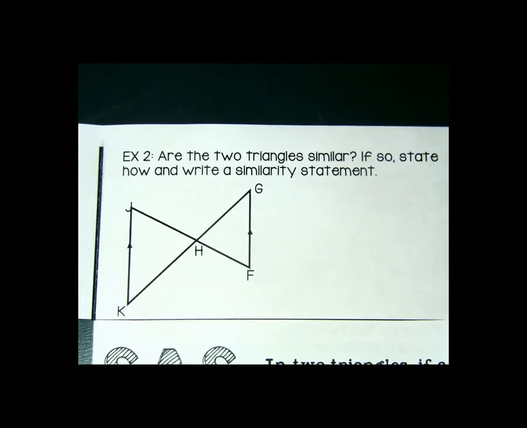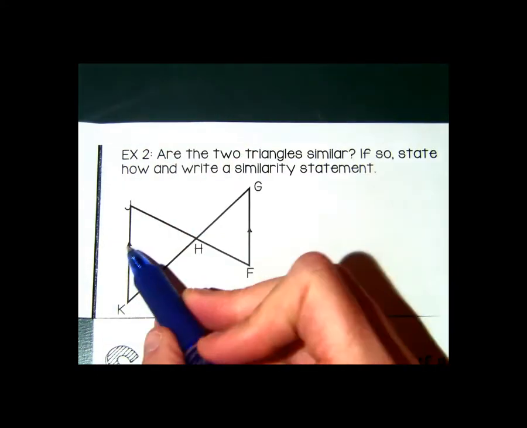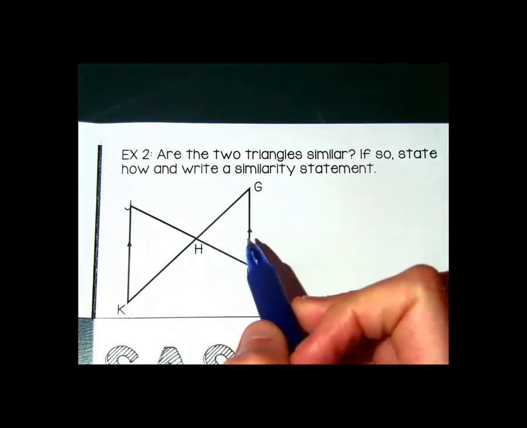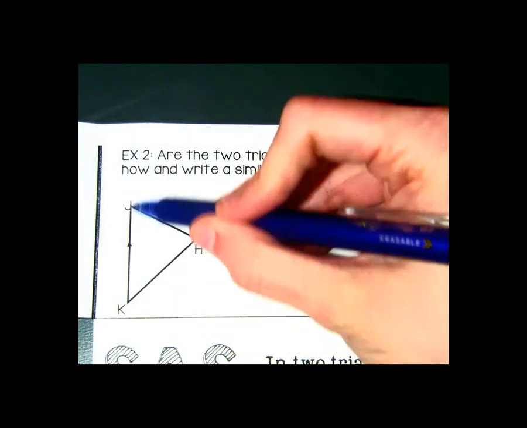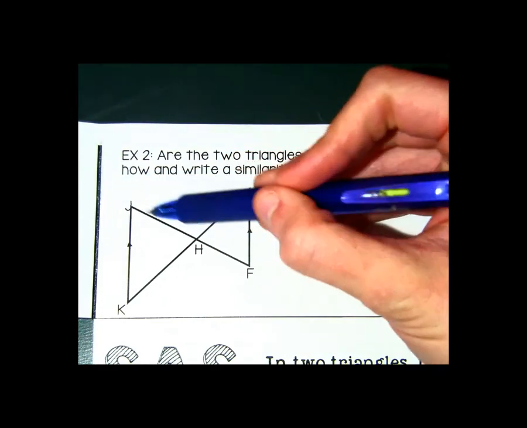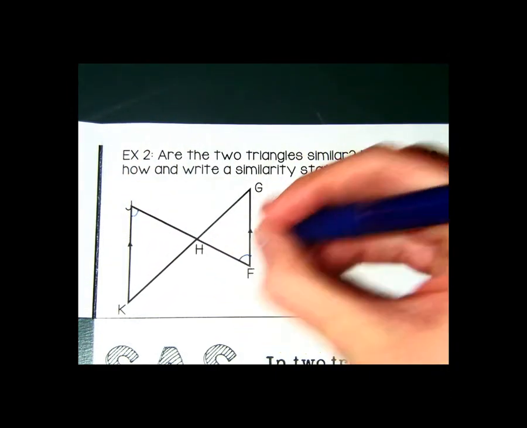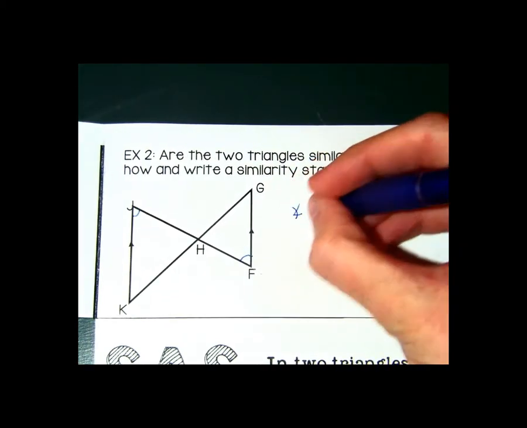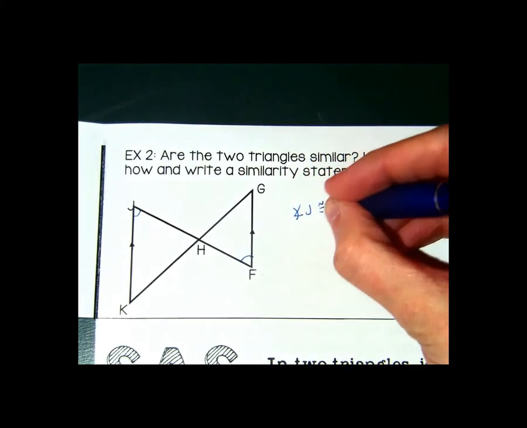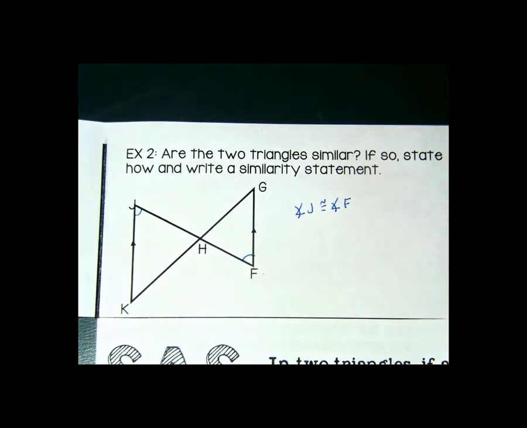Again, we're hoping for two congruent angles. Alright, if you remember, these marks right here mean that they are parallel lines. So we've got parallel lines here, and they are cut here, resulting in J and F being congruent because J and F are alternate interior angles.